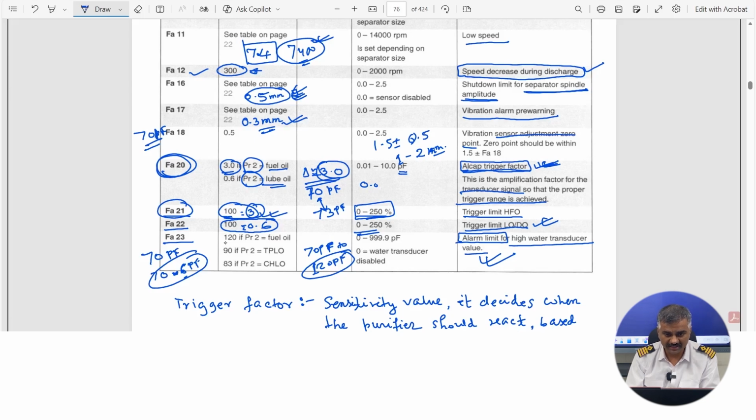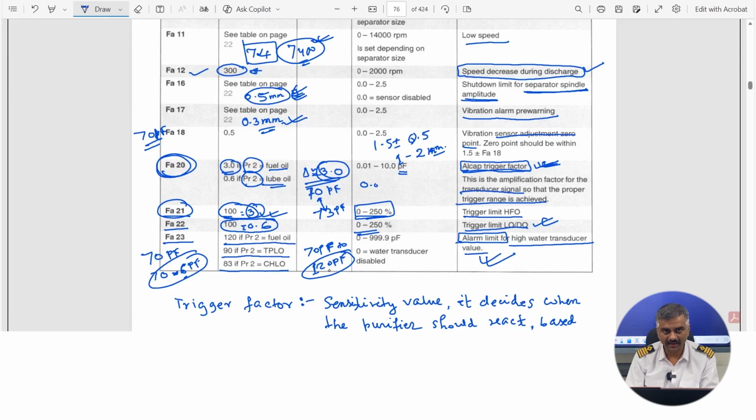So the limit is 120 if it is fuel oil, 90 if it is trunk piston lube oil. Trunk piston lube oil means generator engine lube oil, and 83 if it is crosshead engine lube oil, that is, the main engine lube oil purifier. In trunk piston lube oil it is 90, and for the fuel oil purifier it is 120.